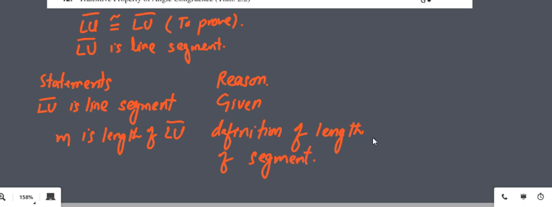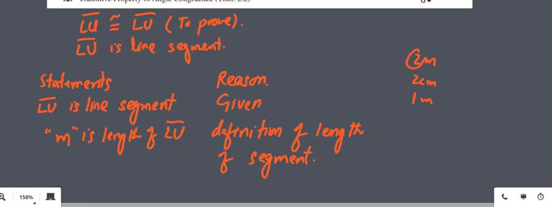Is it clear? I name that M is the length of the line segment. Clear? Now, if I say M is the length of the line segment, that means M would be, let's say, 2 meters. It can be 2 centimeters or 1 meter, whatever the length.